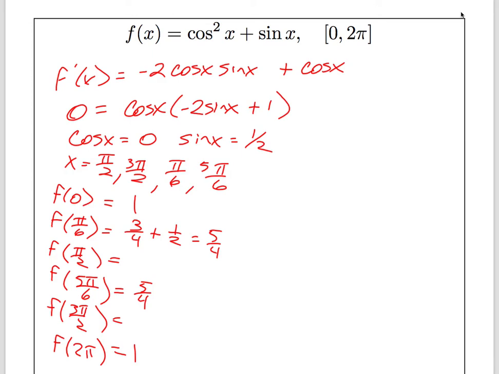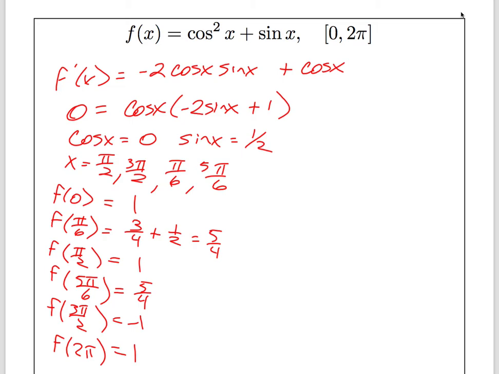Alright, pi over 2, cosine of pi over 2? 0. Sine of pi over 2? 1. And 3 pi over 2, cosine of 3 pi over 2? 0. Sine? Negative 1. There it is.